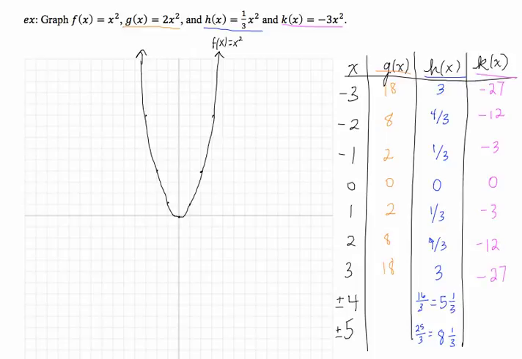Okay, so let's now sketch these graphs. So notice they all have 0, 0 for the vertex.